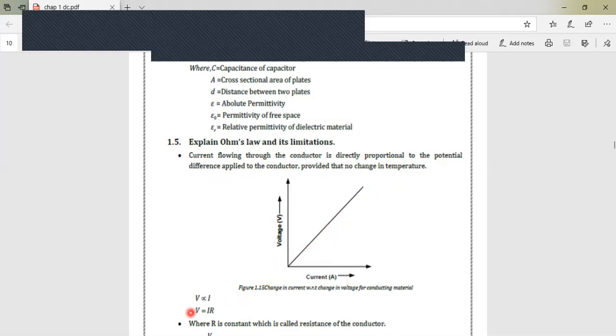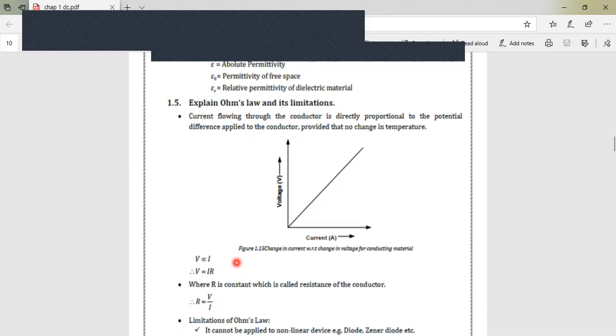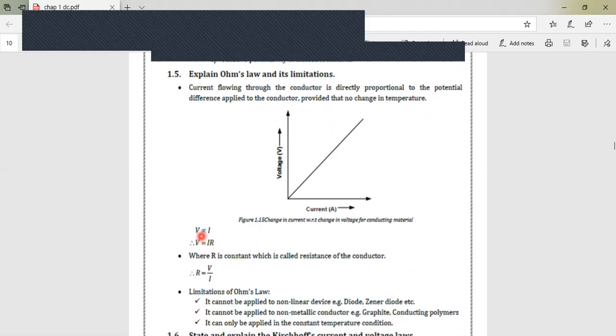So we can say that I is proportional to V. Removing the proportionality, we have the equation V equals IR, where R is a constant, also known as the resistance of the conductor. So R equals V by I, where V stands for voltage and I stands for current.